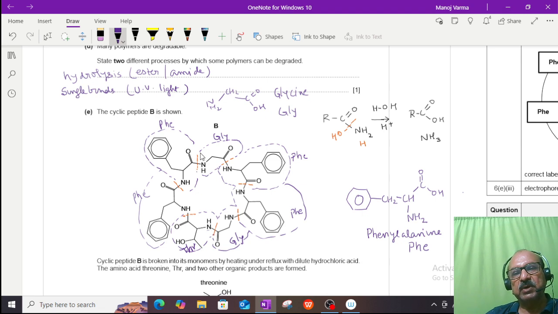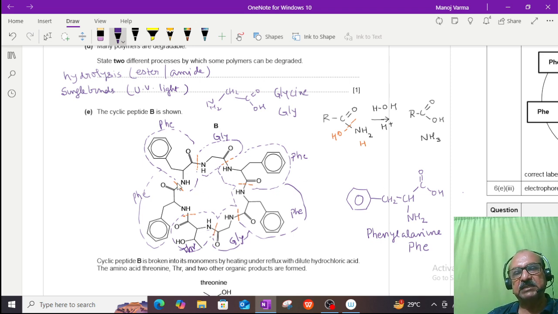So this will be our glycine part, and look at this part. Again, since you are breaking the bond here between CO and NH, you will get an OH group here, that is this part will become COOH, and then this is a CH2 and an NH2, and then there is a CH2 and the phenyl group. So actually from this part you will get phenylalanine, which is C6H5, then a CH2, then a CH, then a COOH and an NH2.